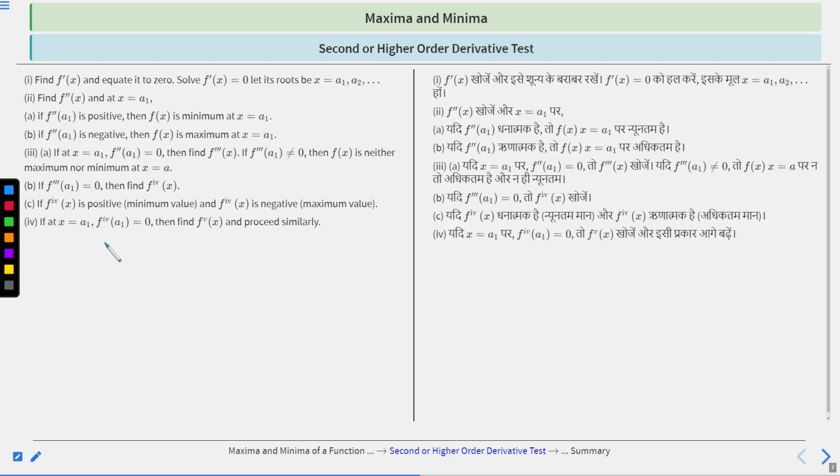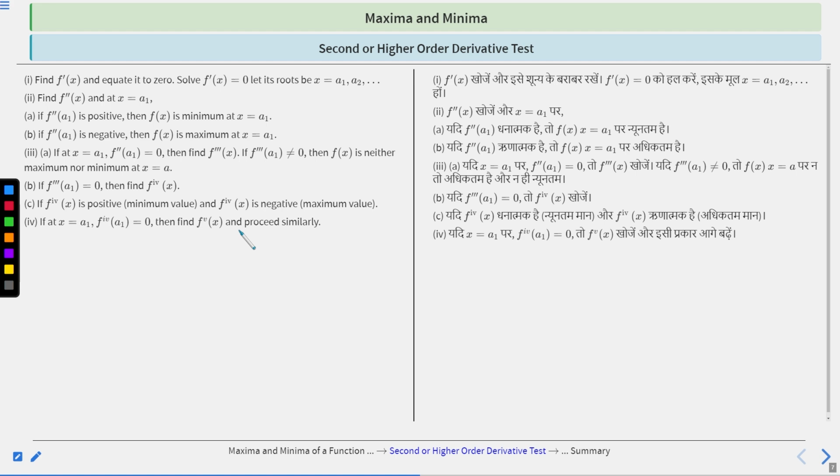If f''''(a1) is equal to 0, then find f5(x) and proceed similarly. You have to follow this pattern to find whether it is maxima or minima. Clear? So this is the second or higher order derivative test.